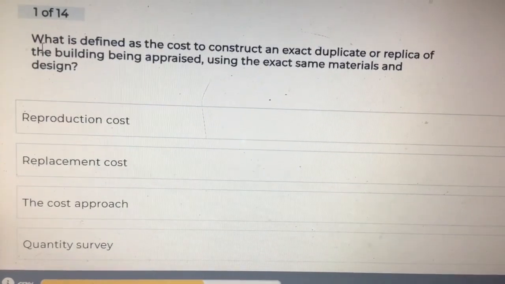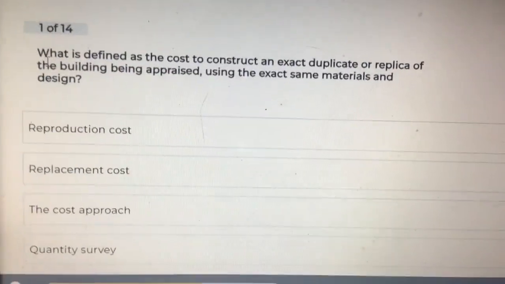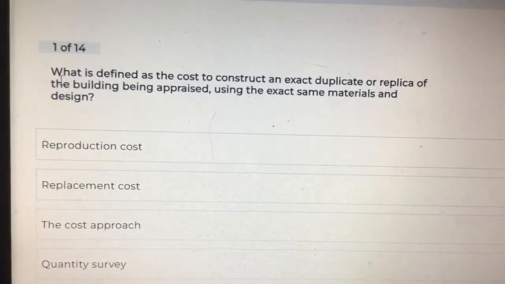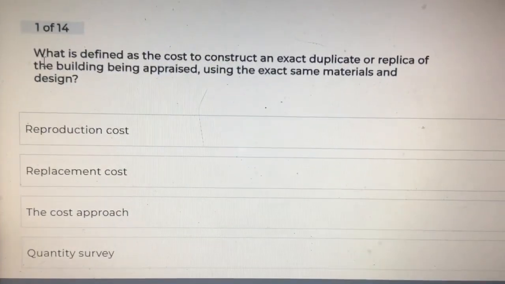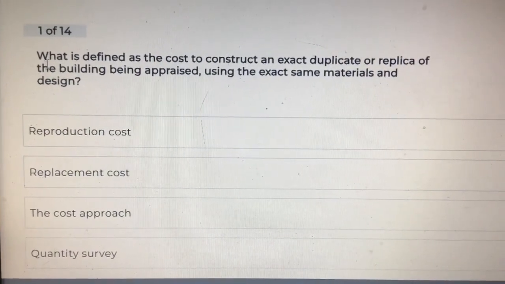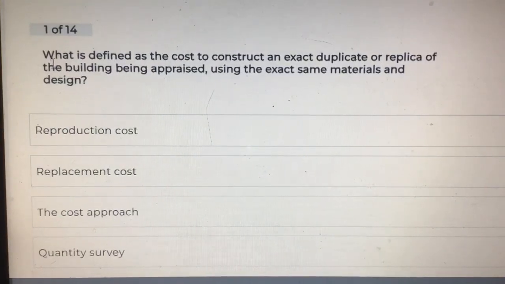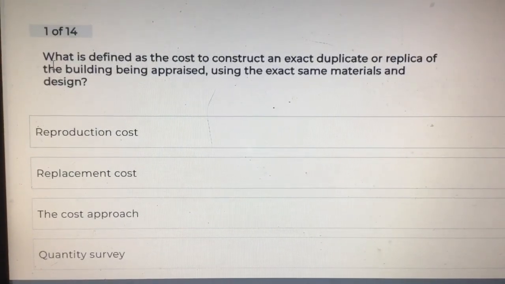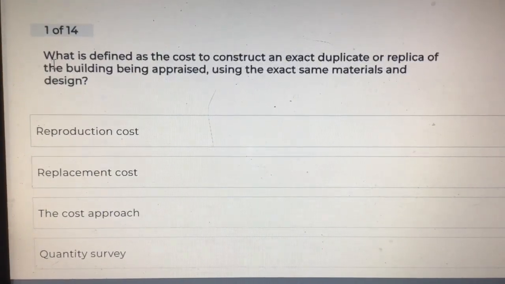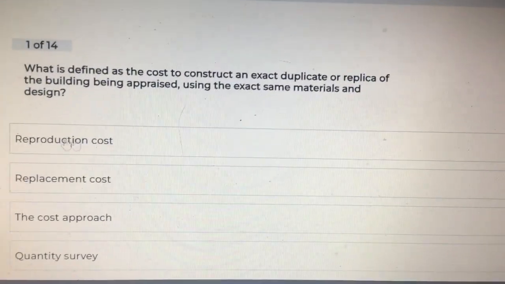B. Replacement cost. C. The cost approach. Or D. Quantity survey. It's either A or B. I know that right off the bat. I'm going to go reproduction cost.